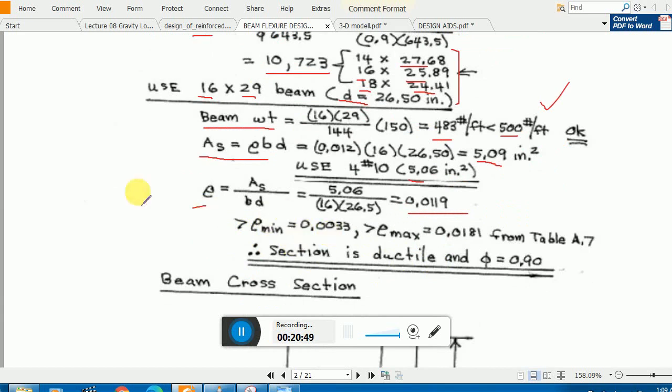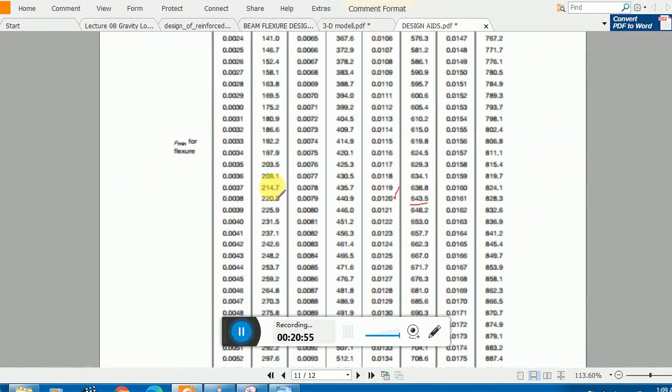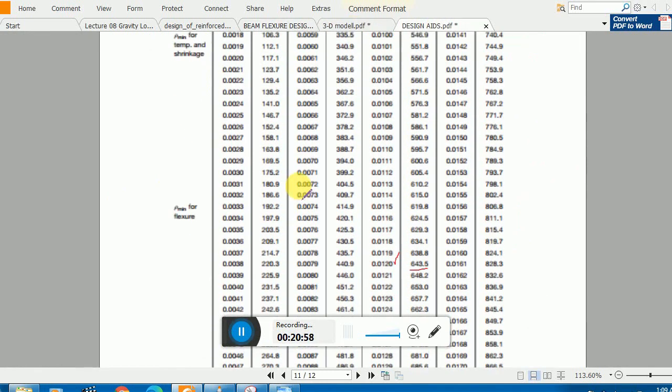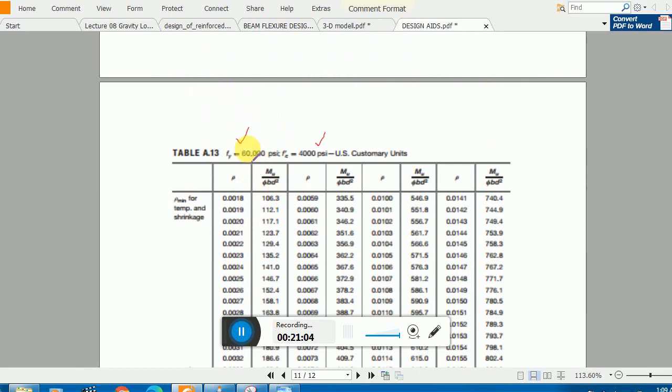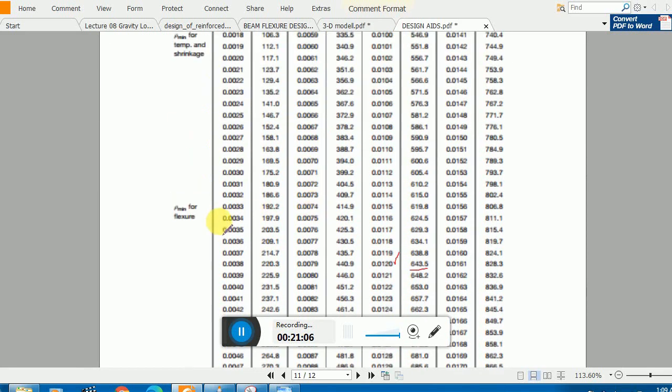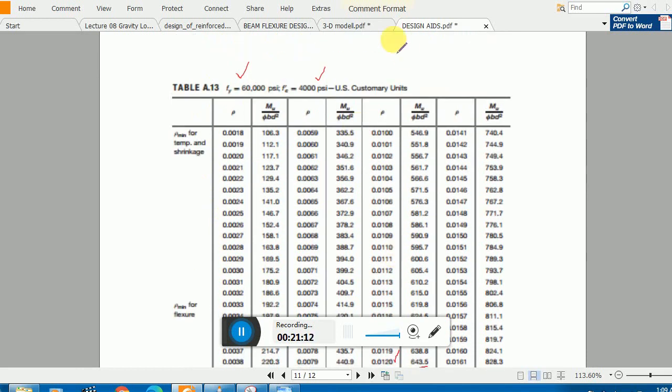Rho minimum is what? If you are using 4000 psi concrete, and remember from this diagram it is basically clear that your rho minimum for temperature and shrinkage reinforcement, for example this is grade 60 and grade 40, okay. So your rho minimum value will be 0.00, basically from those equations you can calculate.